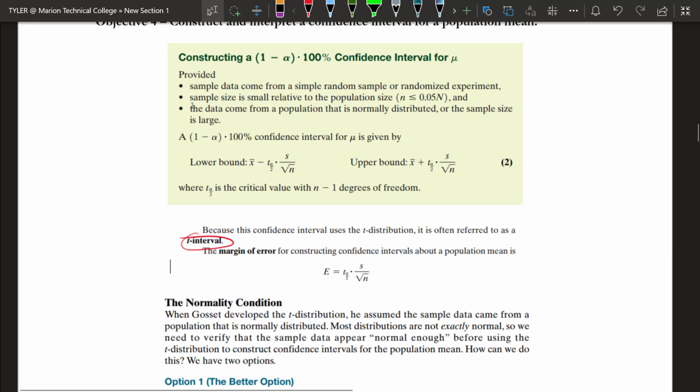And then we want the data to come from a population that's normally distributed, or the sample size needs to be large, right? And remember, large meaning that n is greater than or equal to 30. So one of those two should be satisfied.